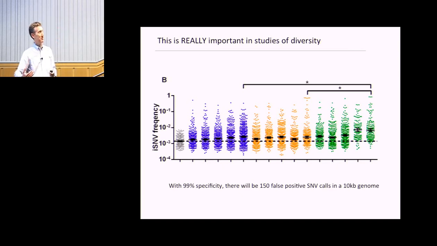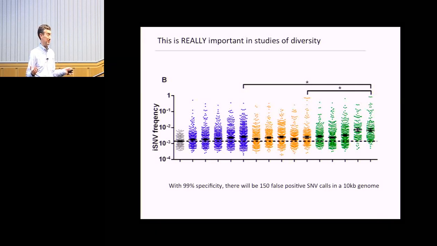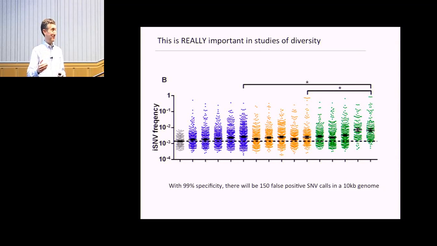So if you have 99% specificity, you have 150 false positives, which is really high. I mean, that's almost all your signal. And so we think you need to get a lot higher than 99%. And our goal was 99.9% specificity, which wouldn't get you to 0 false positives, it would get you closer.